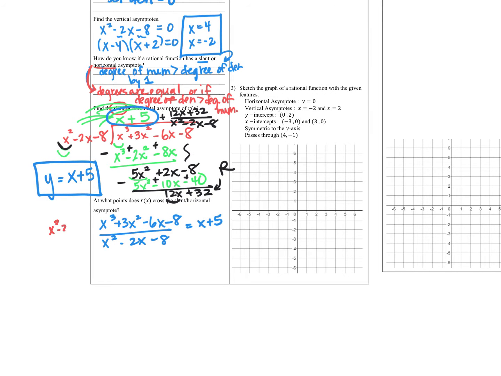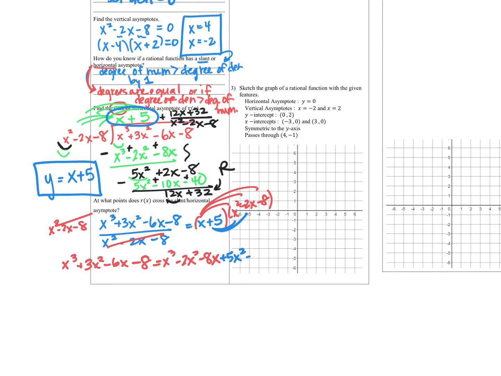So I'm going to multiply by that x squared minus 2x minus 8 on both sides, and that will cancel. We're going to be left with x to the third plus 3x squared minus 6x minus 8 equals, if we distribute, x to the third minus 2x squared minus 8x, and then we take 5 to each term, so plus 5x squared minus 10x minus 40.